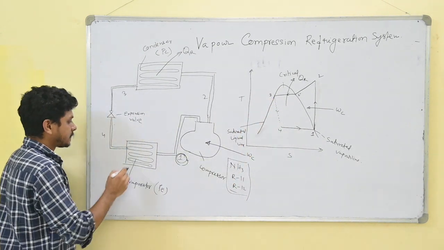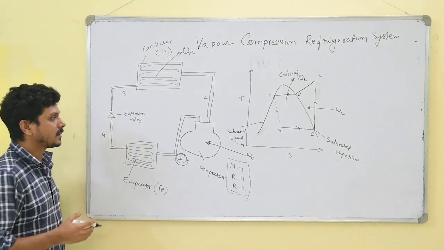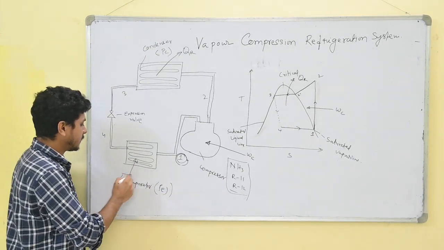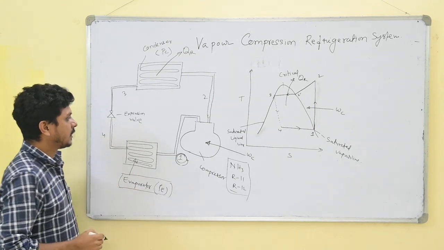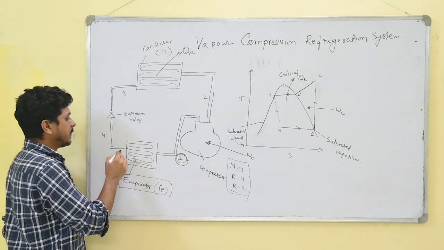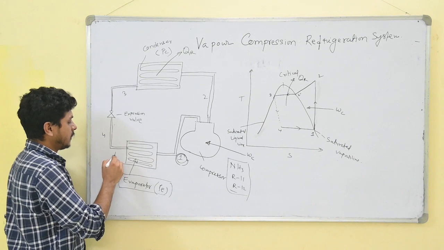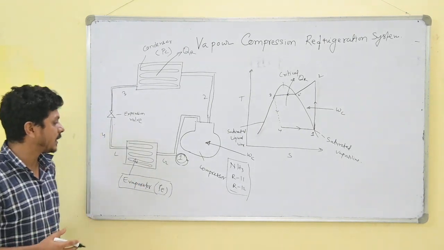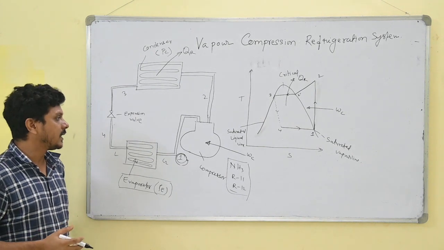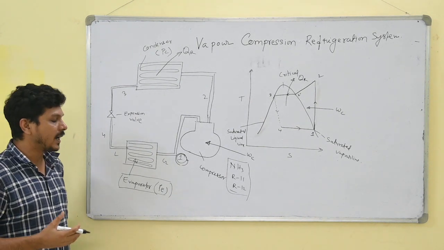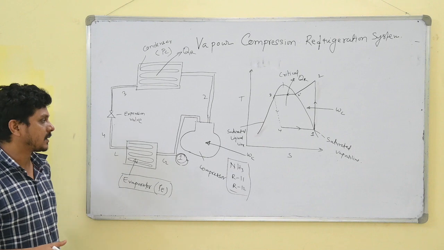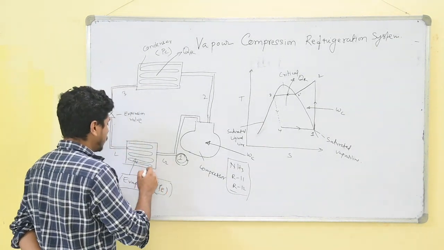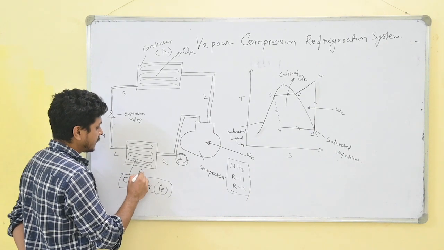And the fourth one, where mainly the desired effect takes place, is named the evaporator. Here the refrigerant is converted from liquid to gas, and converting from liquid to gas requires latent heat, and the latent heat is collected from the refrigerated space. The arrow is shown inside the system.